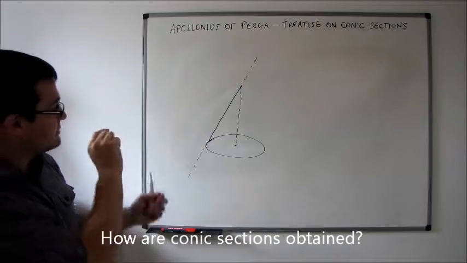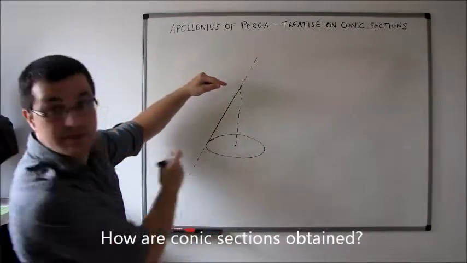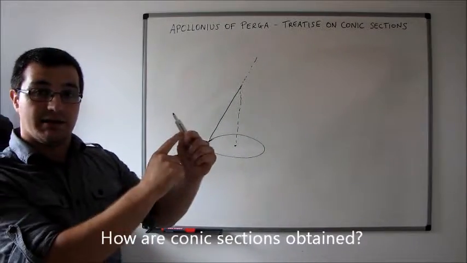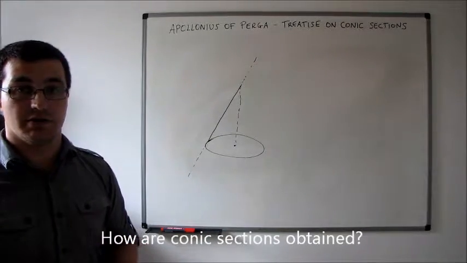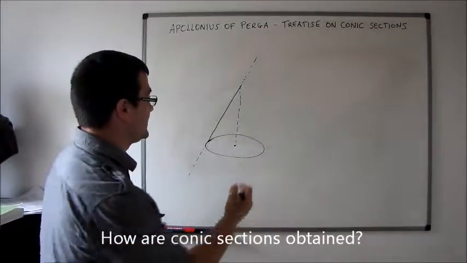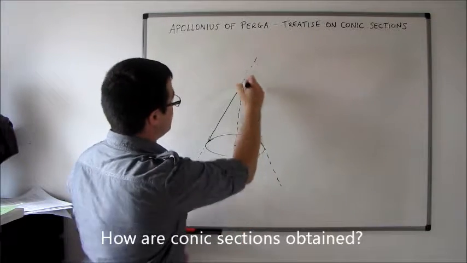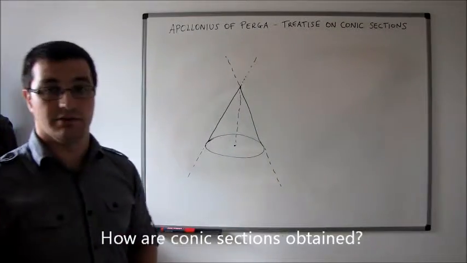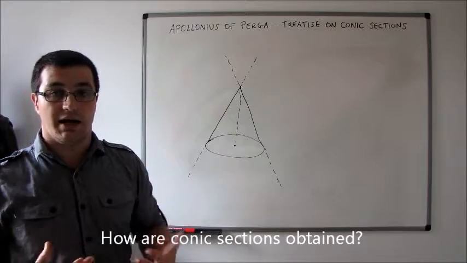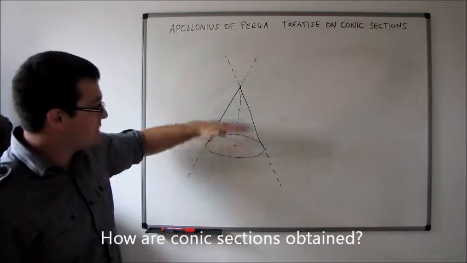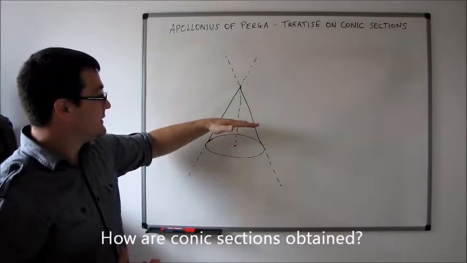And then what I'm going to do is rotate that line, keep this point fixed, rotate the line around that base circle, and what gets traced out by that line is the surface of the double cone from which the conic sections are going to be cut. So we get something that looks like that, and now I can start to cut my conic sections. Typically cutting parallel to the base circle will give me another circle.